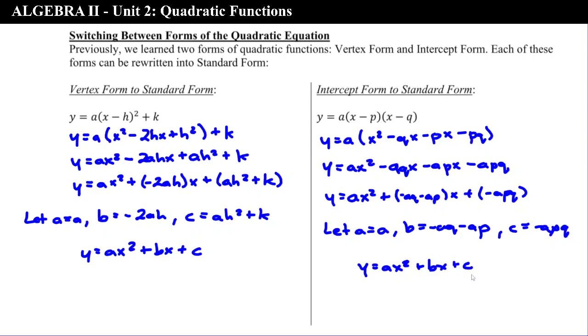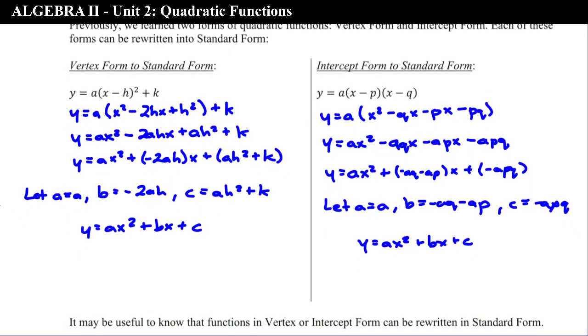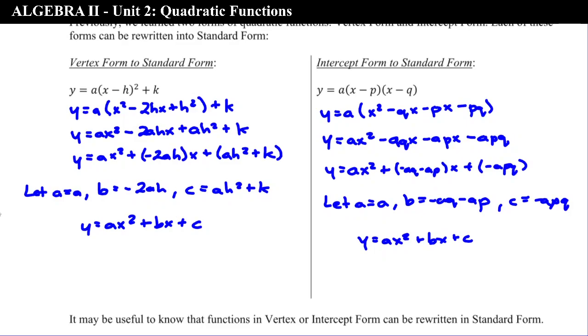Then this shows you also that a behaves the same way in vertex form, intercept form, and in standard form, because a equals a. So a is going to be the same in all three forms of the quadratic equation. Okay, so you may find it useful to know functions in vertex or intercept form that can be rewritten in standard form.